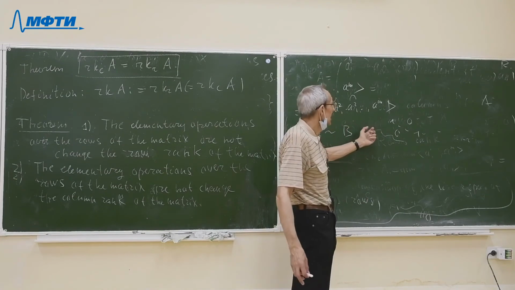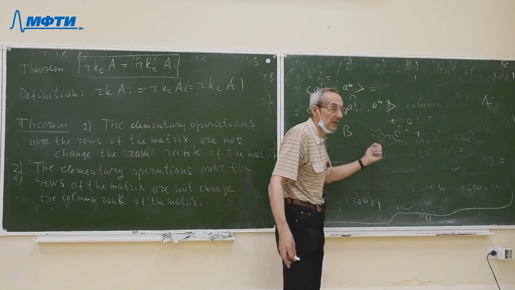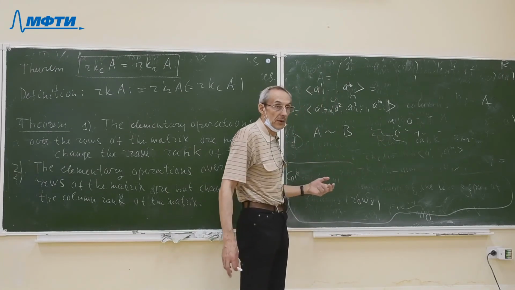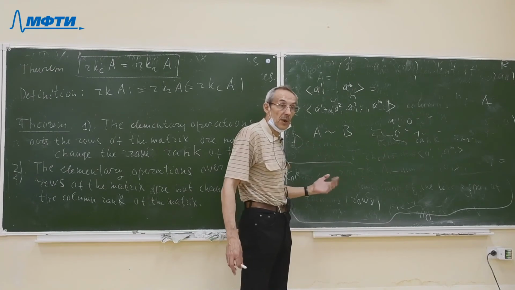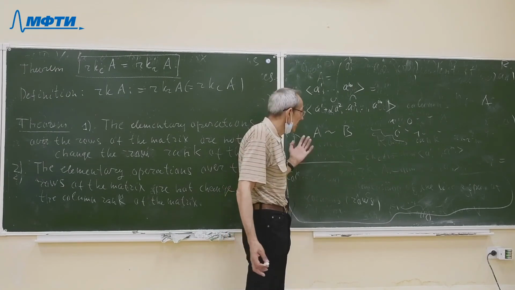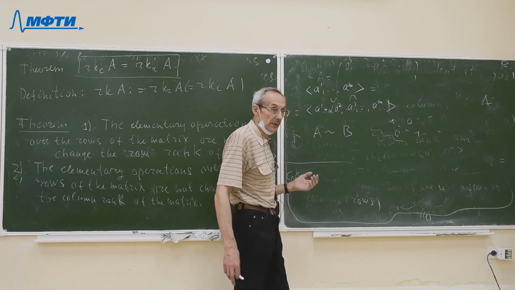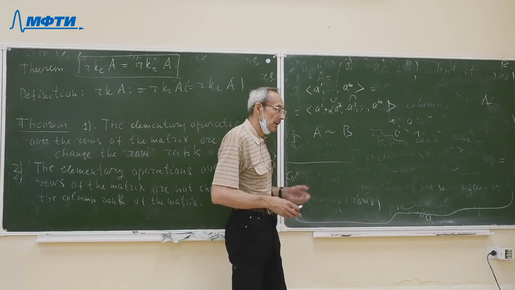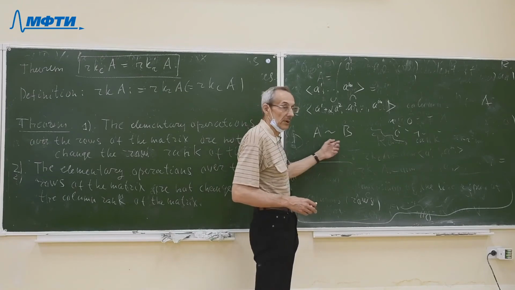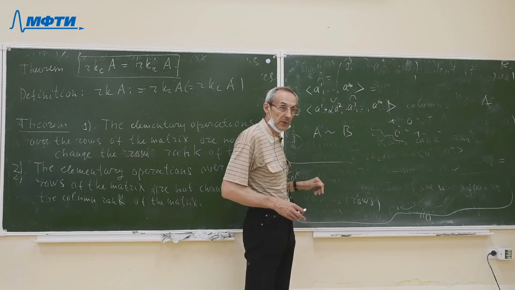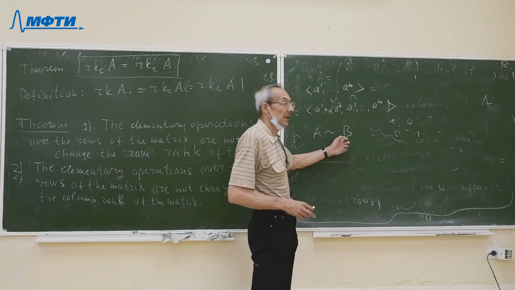Thus the rank of the matrix is equal to the number of rows of the echelon form of this matrix. We obtain a way to calculate the rank of the matrix: reduce the matrix to its echelon form and count the rows of the last matrix.